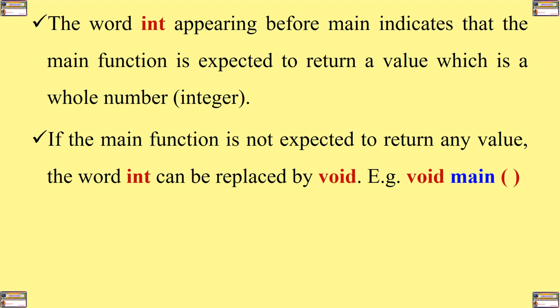For example, void main followed by the pair of parentheses, indicating that main is a function. And of course, it is the main function. So if the main function is not expected to return any value, you can replace the word int with void.